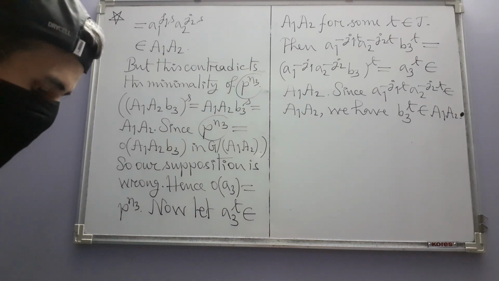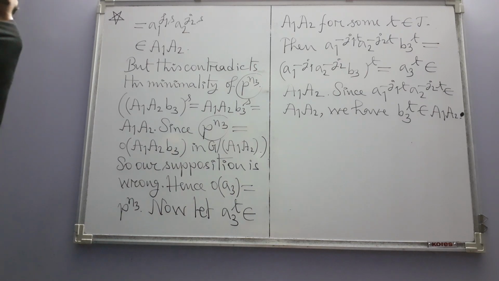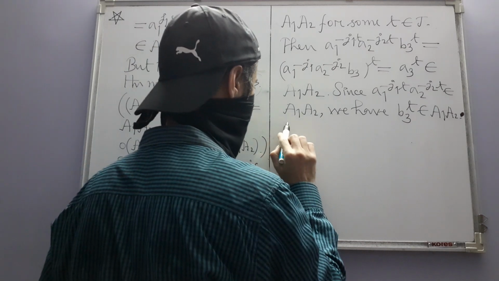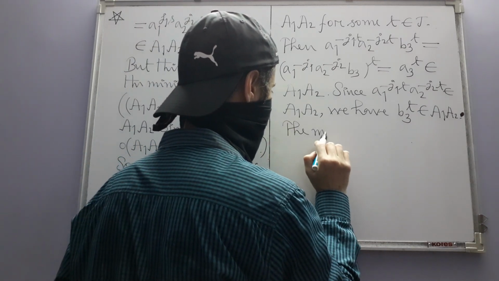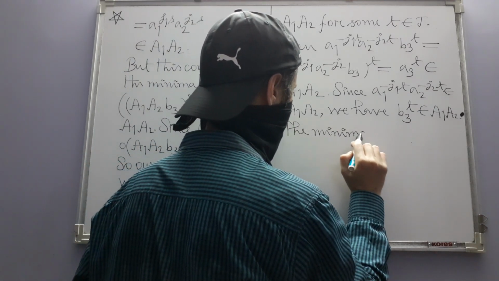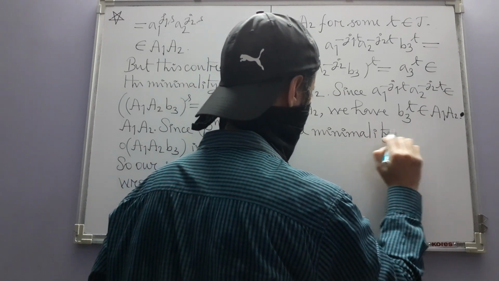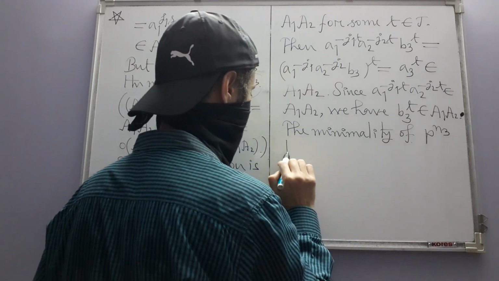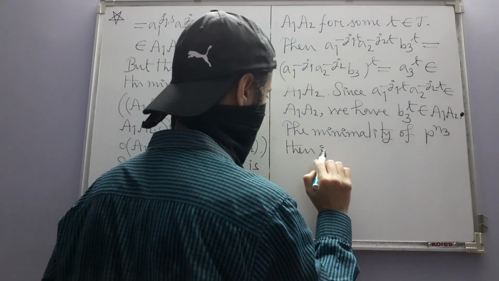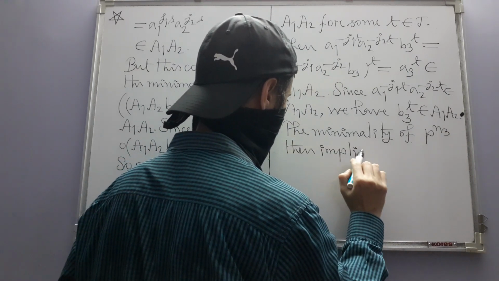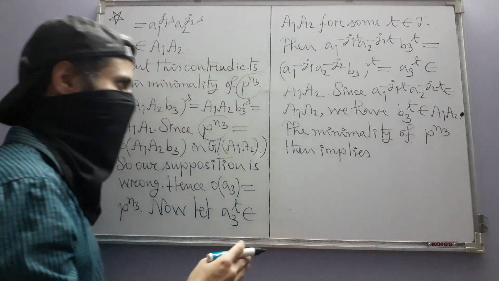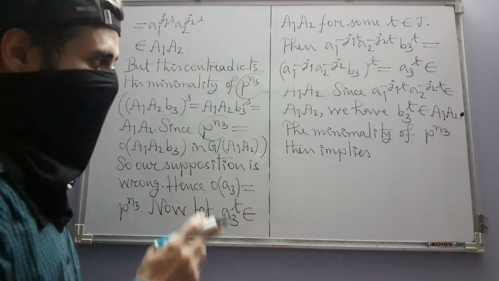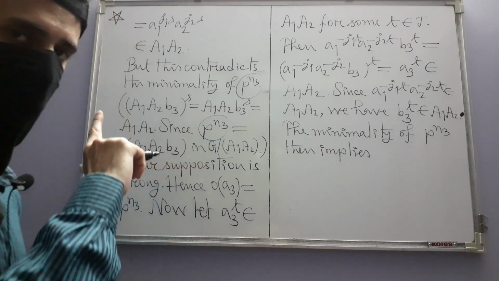However, we already know something about the powers of B3 which belong to A1, A2. Namely, the minimal such power is P to the power N3. So, the minimality of P to the power N3 then implies that not only is P to the power N3 less than or equal to T, but actually it divides T. How, that also we have seen before.